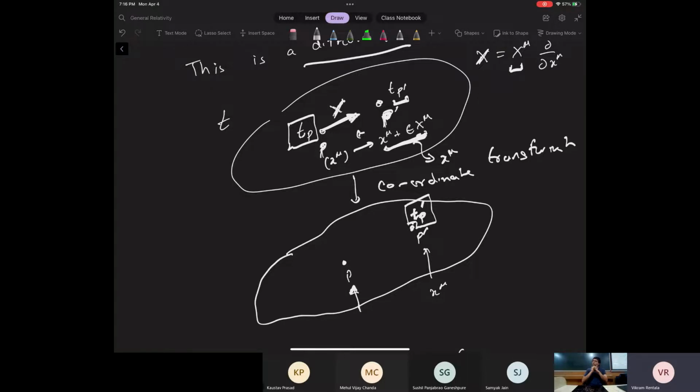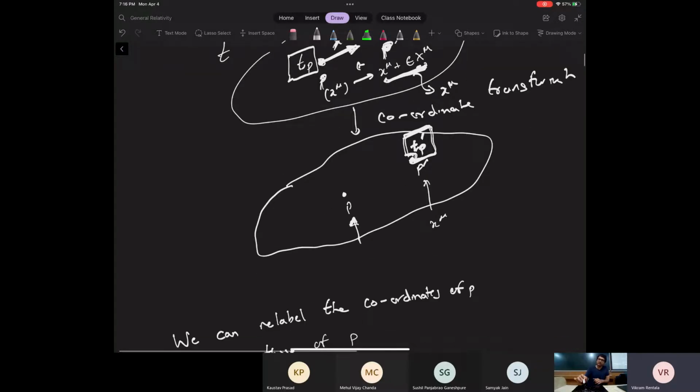Why can you do this? What we had argued earlier is that any tensor defined at the point P prime lives in a different tensor space. For example, a vector lives in a different vector space. The vector space is at P prime, while this vector lives at the point P. When we say there is a comparison between these two, what we have really done is think about the inverse flow.